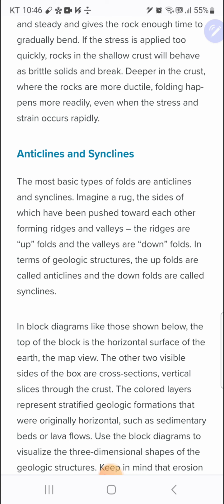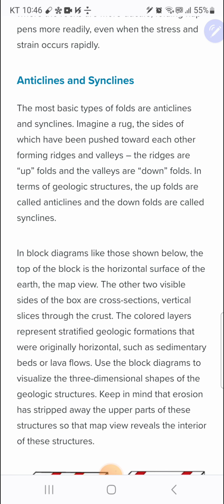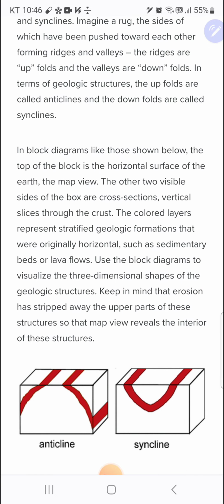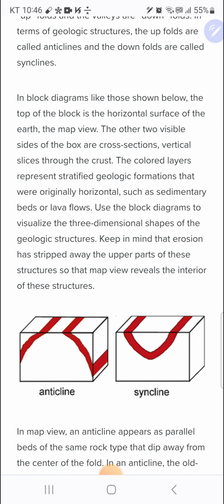So a U-shaped fold is a syncline, and the upside-down U shape is called an anticline. In block diagrams like those shown below, the top of the block is the horizontal surface of the Earth, the map view. Anticline, syncline.